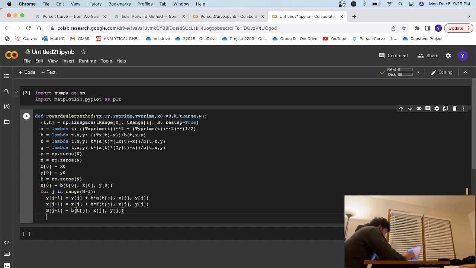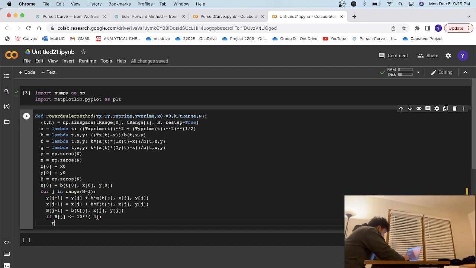And then if b of j is less than or equal to 10 to the -4, so a really, really small value, we're going to print that the pursuer has been caught!